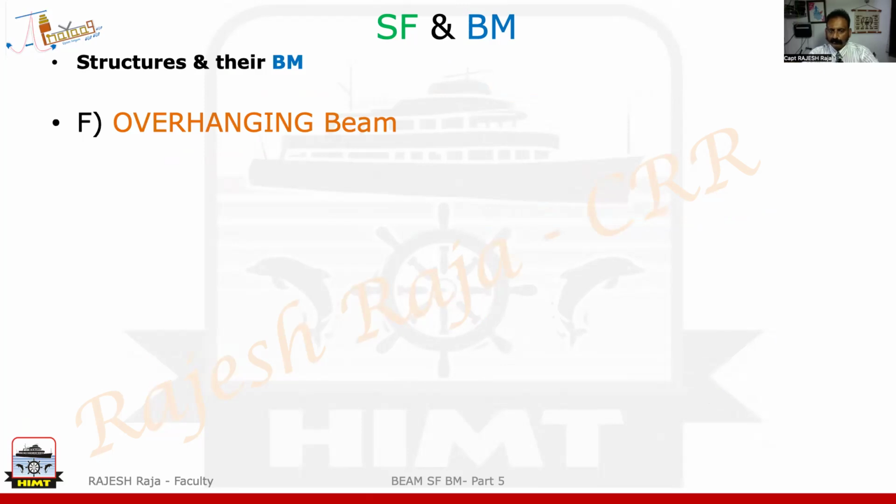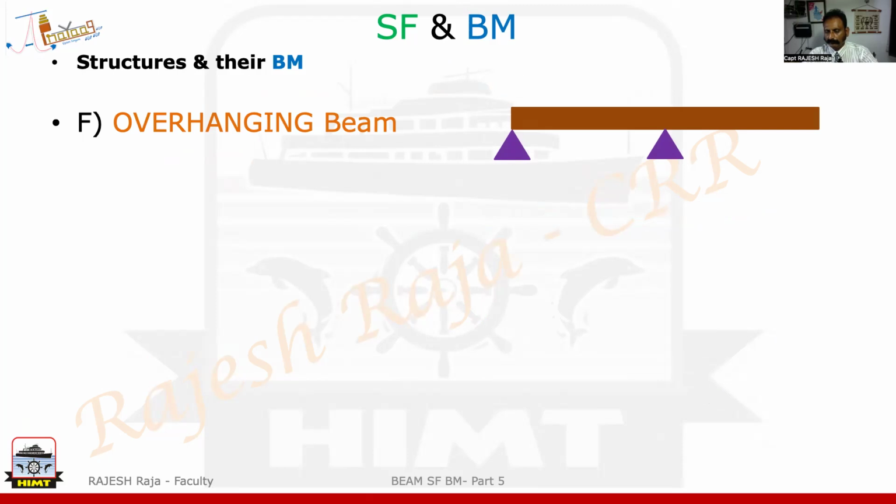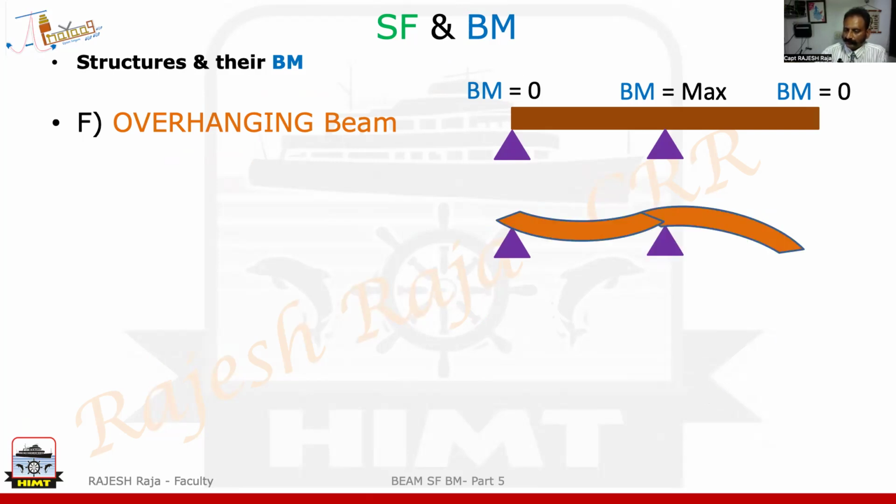And this particular beam will try to do this. Let us go for an overhanging beam. This is an overhanging beam. Here, BM is going to be 0. The other end also, BM is going to be 0. And then you will see this place, the BM is going to be max. This particular structure, if you break it separately, it might look like this depending on the weights.